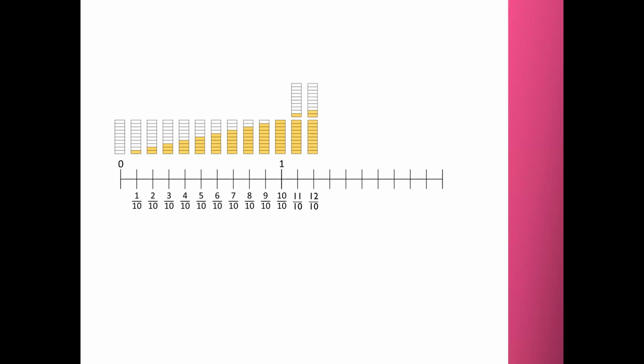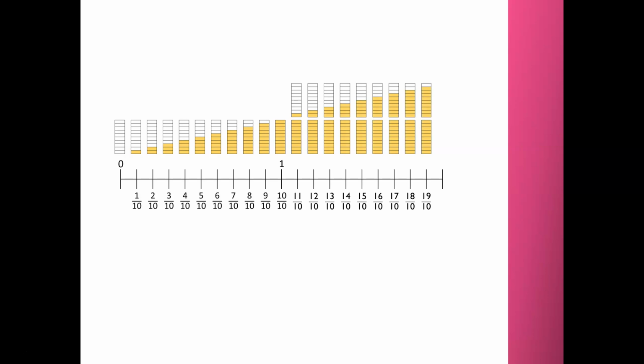So we can see that's 12/10. We can continue counting this way up until 19/10. At this point, when we add another tenth, we're going to make 20/10. But notice, we have filled our second bar model. 20/10 is equal to 2 wholes, or just 2.